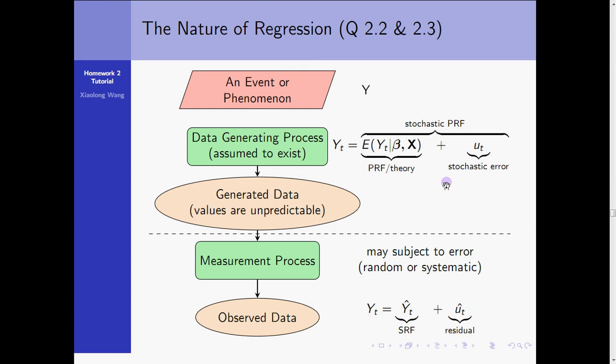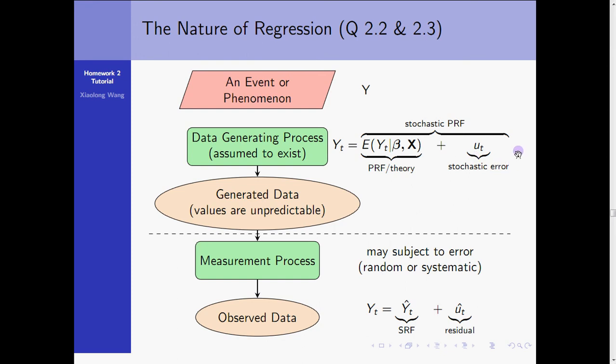It is a theoretical construct, but the residual is just a byproduct of the analysis. If the model is specified correctly, then we may use the residual to make inference about the properties of the stochastic error term. But if the model is specified incorrectly, then the residual is not a good estimate of the unobservable stochastic error term.